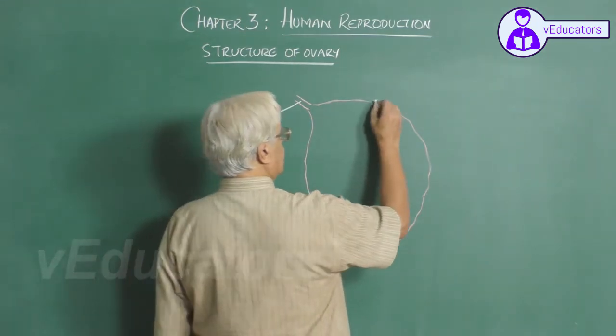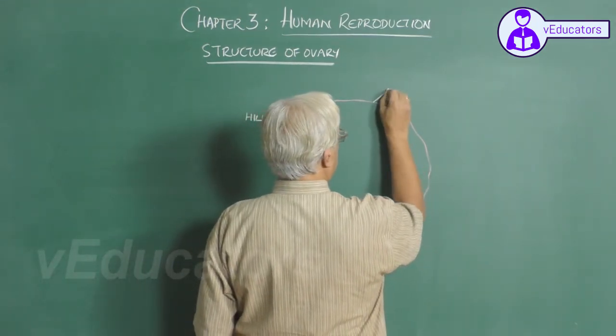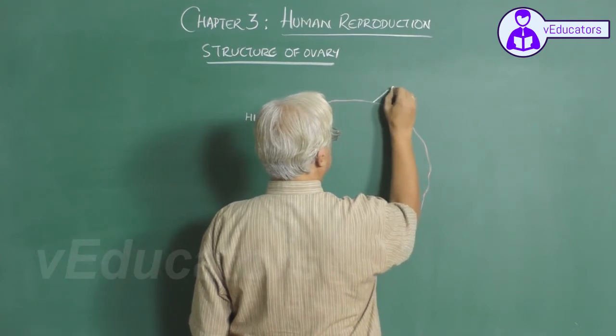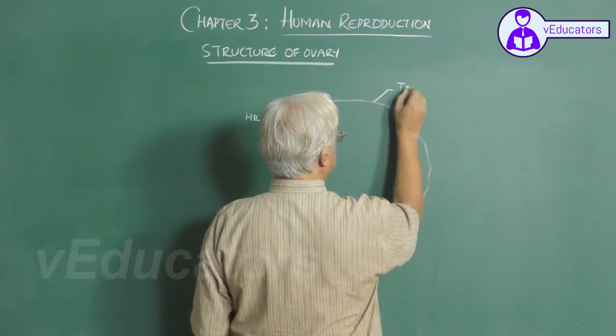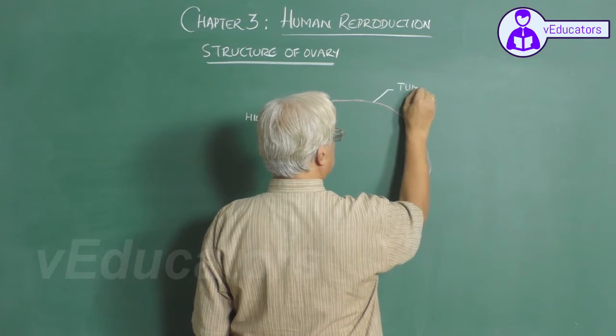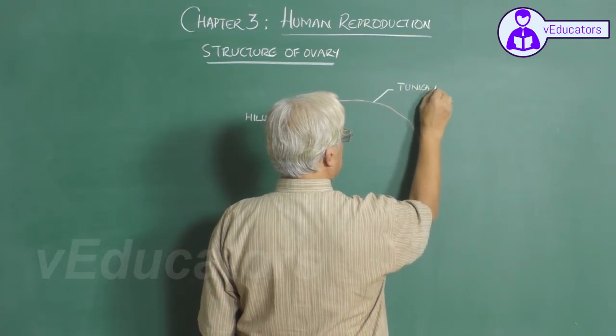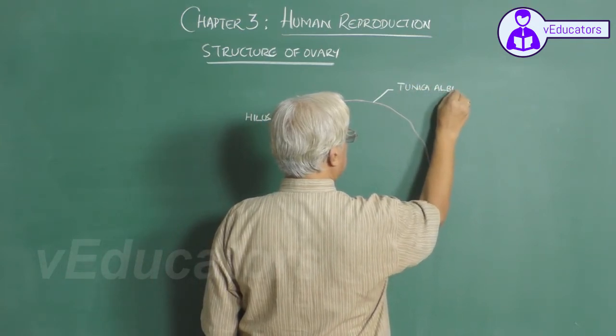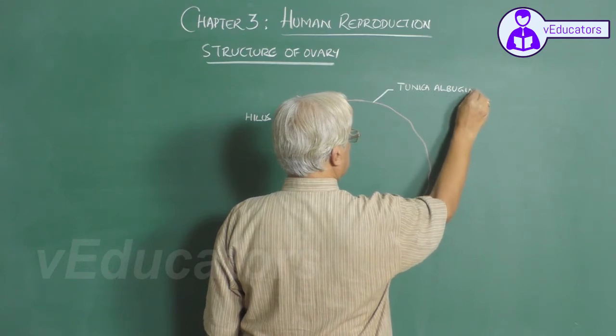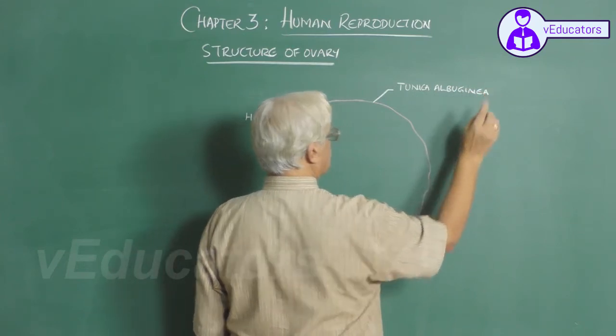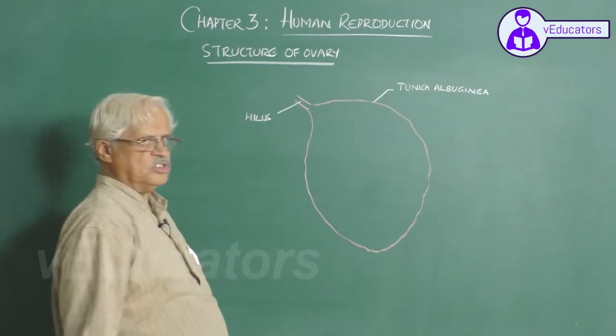Covering the ovary is a fibrous connective tissue layer called tunica albuginea.